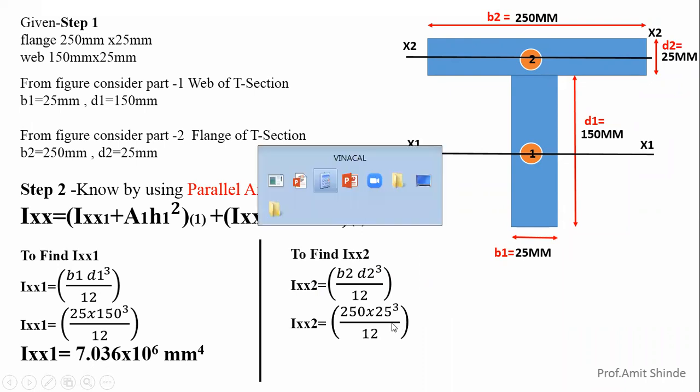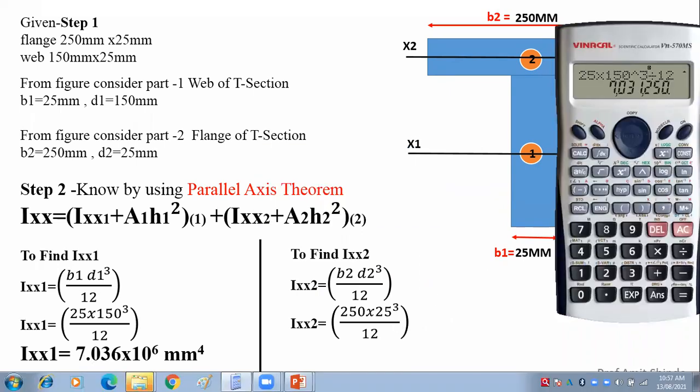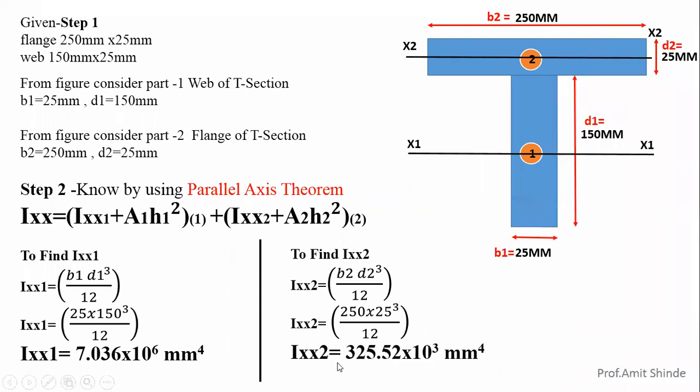Solve the terms: 250 into 25 cube divided by 12, which is 325.52 into 10 raised to 3 millimeter to the power 4. This one is the Ixx2.